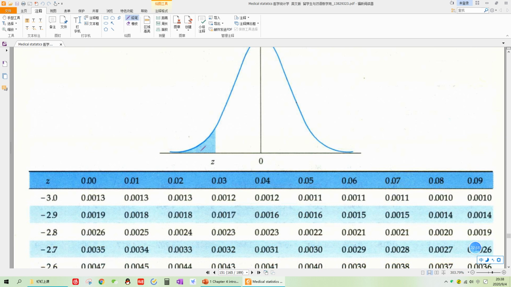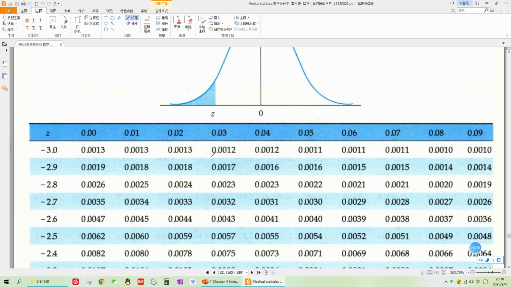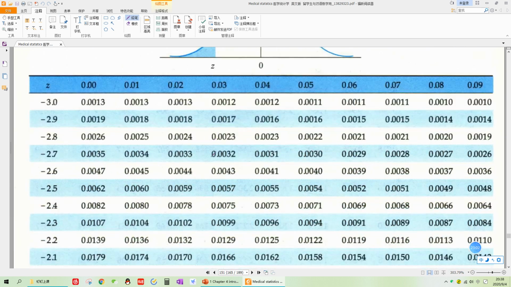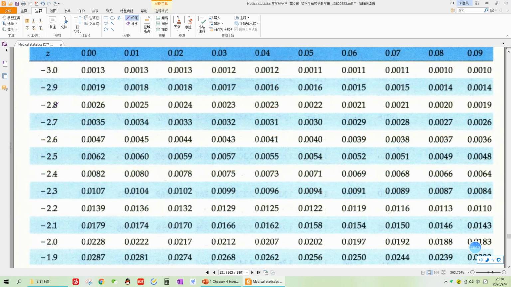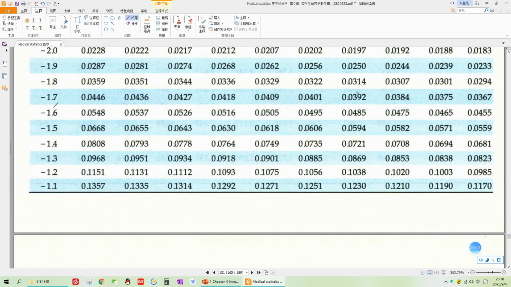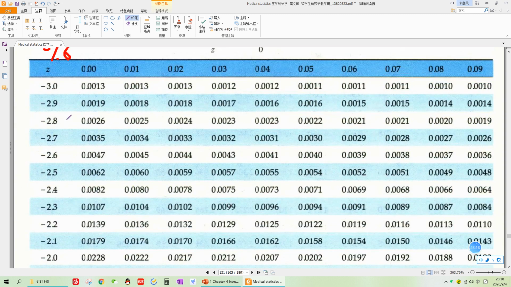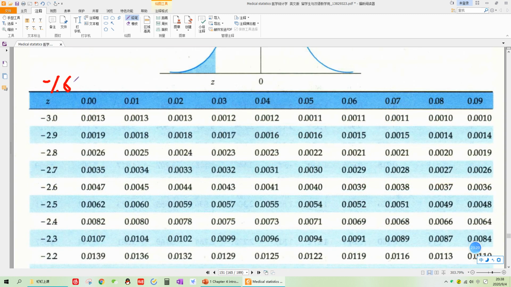And here we have mentioned that we need to find the z value, and here the z value is negative 1.6, so we need to find this number in the first column here, negative 1.6, and we need to find the second number after the dot.